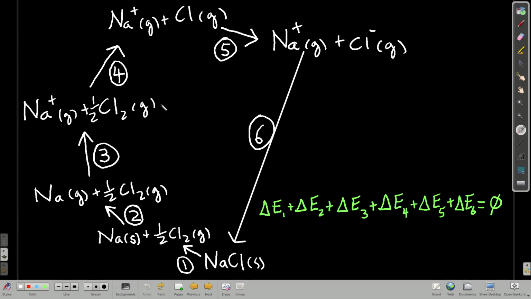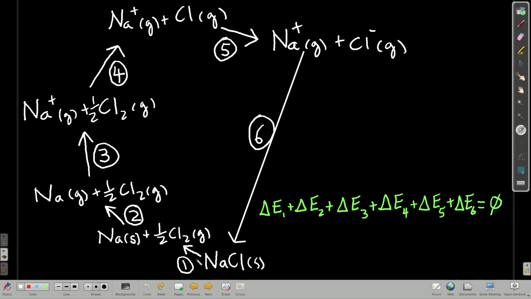I like to draw a diagram like this. I always do this when I'm doing a Born-Haber problem. I like the diagram because to me it illustrates really clearly that this is a cyclic process and we start at the same place that we end up, which means that the overall change in energy has to be 0. If we start here and we end up with the same stuff in this imaginary process, overall the change in energy is 0.